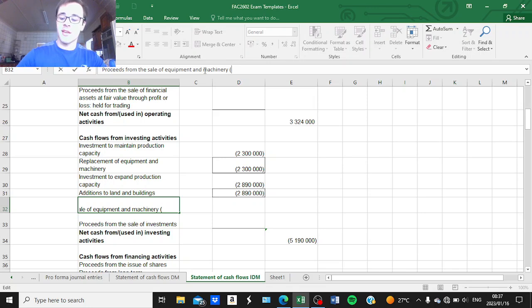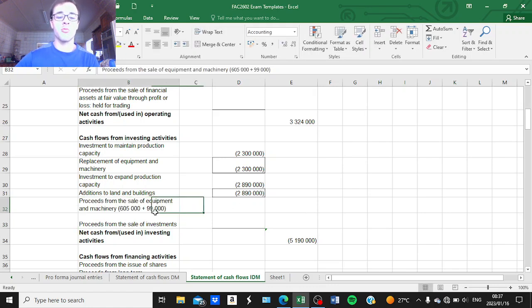We will need to take the carrying value of 605,000, which we have calculated as the balancing figure in the equipment and machinery general ledger account, and we need to add back the profit that was made of 99,000. If a loss was made, you would need to subtract the loss from the carrying amount in order to calculate the proceeds from the sale of equipment and machinery.